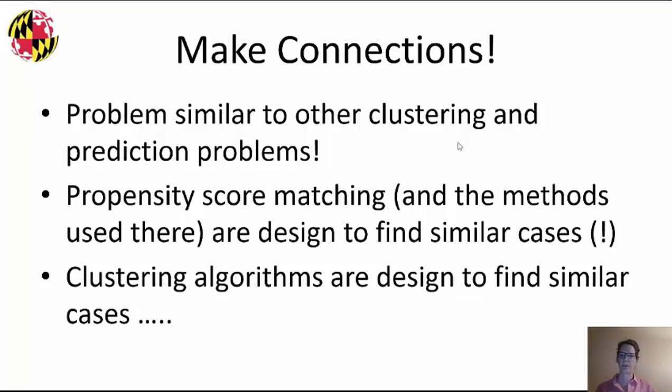So no surprise here that in this record linkage context we have clustering algorithms or prediction algorithms that are quite similar to methods that you've seen before. So the advanced techniques shouldn't scare you. In fact, you probably would be able to adapt the methods you've seen before to fit this particular problem.